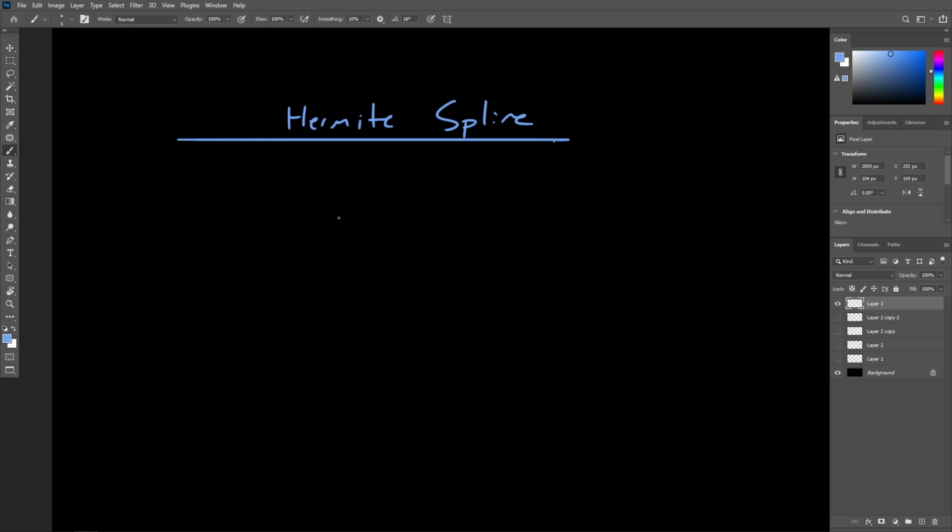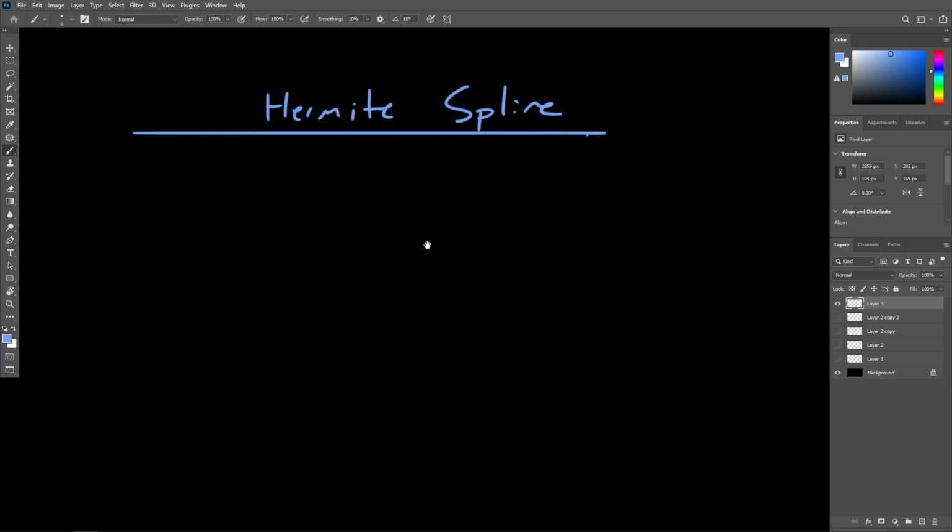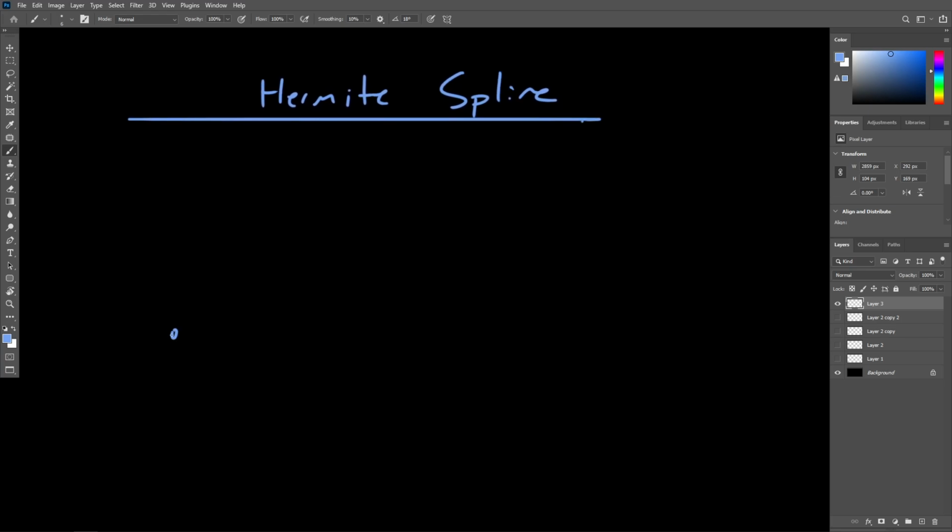of splines that you'll run into in 3D graphics, one of which is the Hermite Spline. All right, so the Hermite Spline is a little bit different from a Bezier curve in that we've got some points here between which a curve will be drawn, but we also specify essentially the slope at each point, right? So we also have a vector at each point here, which is going to control how the resulting curve looks, right?